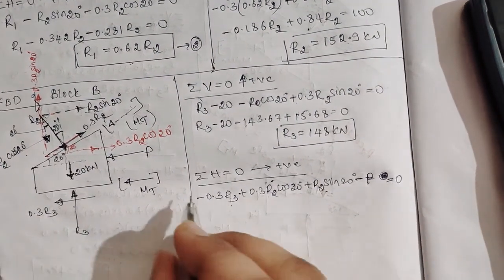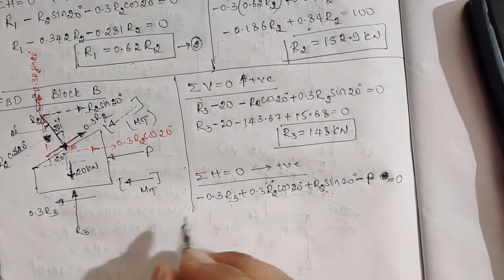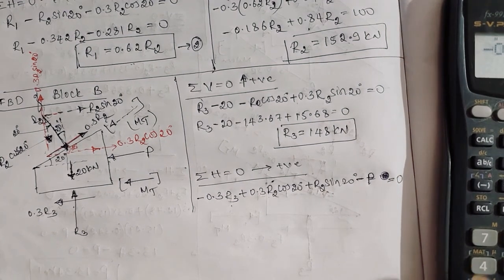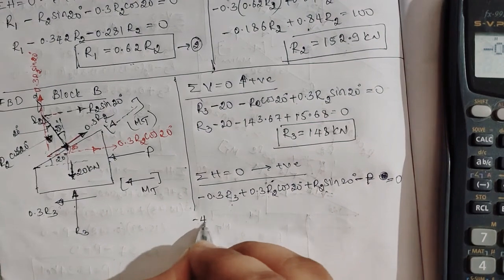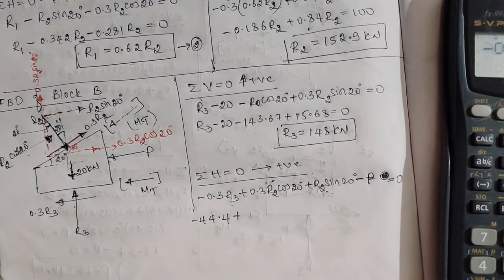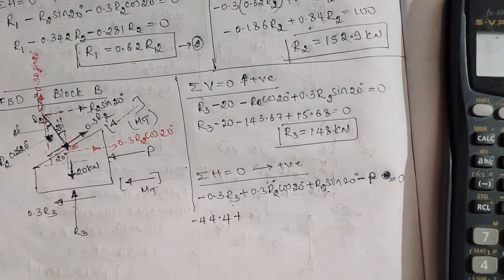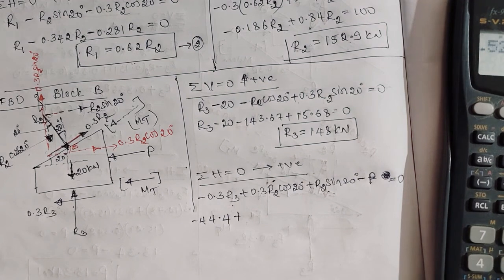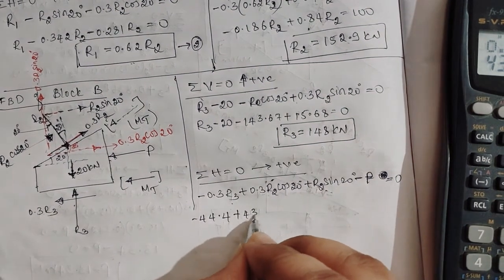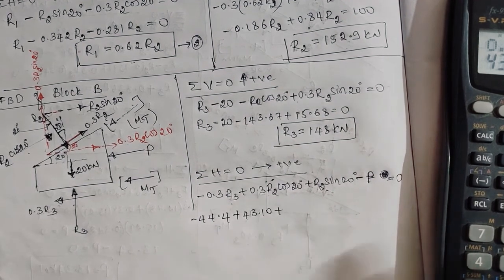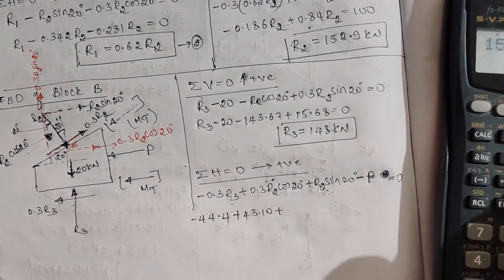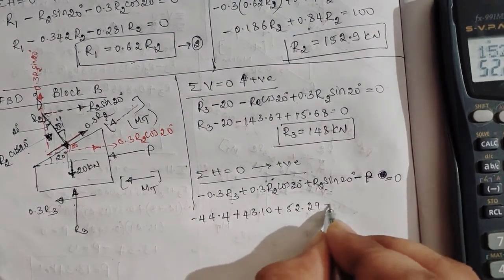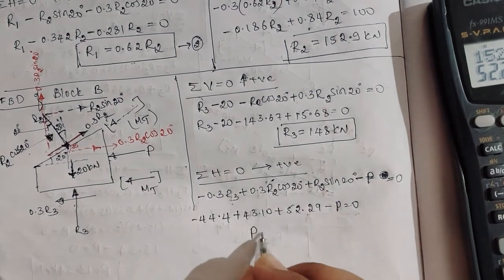Now solve it. So we have R3 now, that I'll take directly, so minus 0.3 into R3, 148, minus 44.4, plus 0.3 into R2 we know 152.9, then cos 20, it will be 43.10, then R2 we know 152.9 into sin 20, 52.29, minus P is equal to 0.